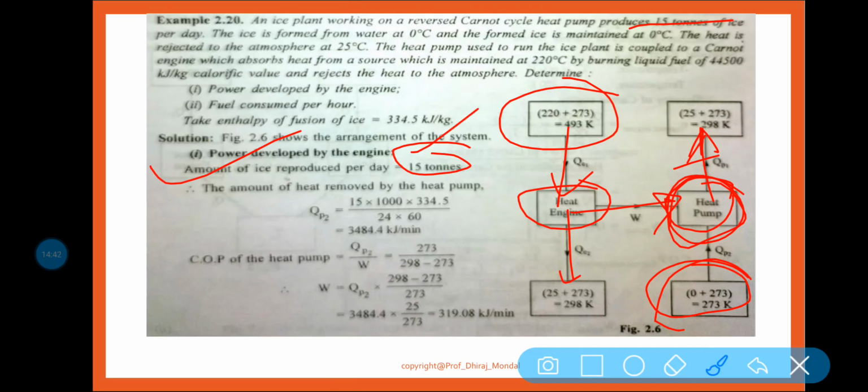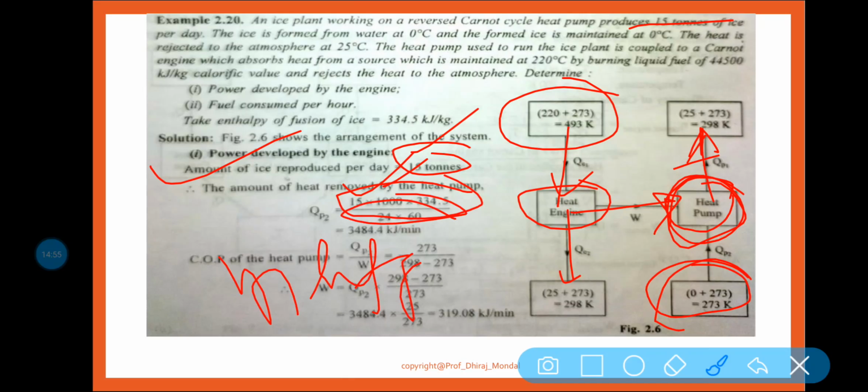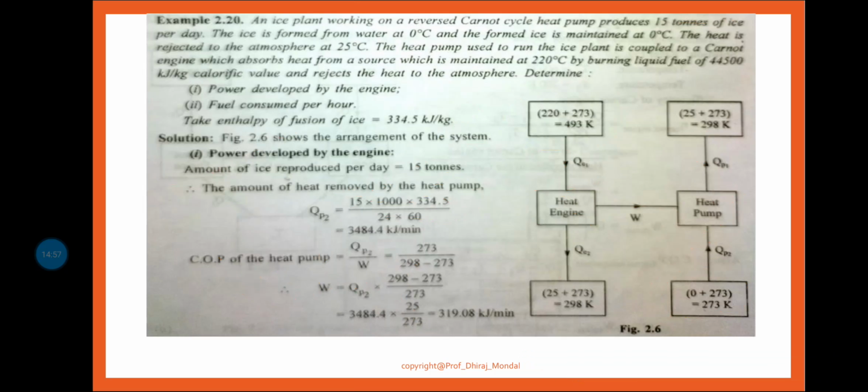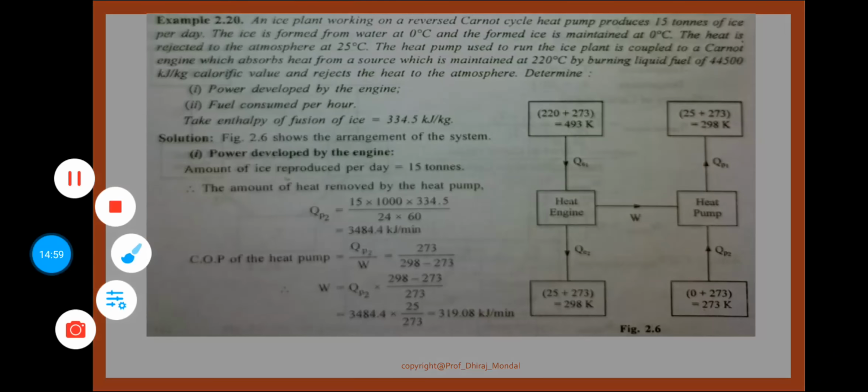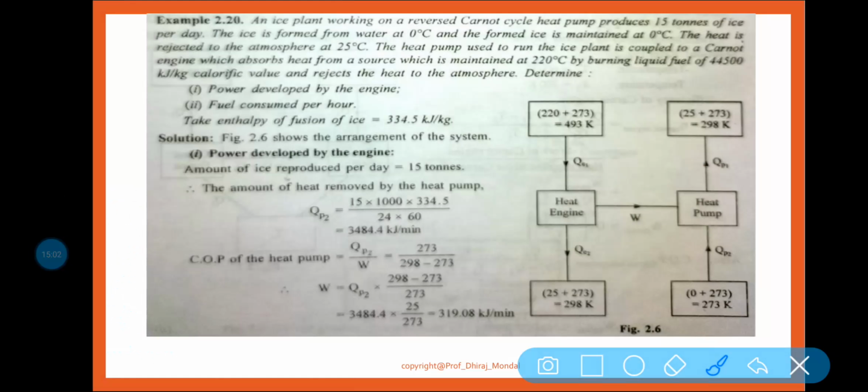So total 15 ton into 1000 in terms of kg, you have to take into latent heat, you know that. So the mass into latent heat by 24 into 60, because you have to take it in terms of kilojoule per minute. So by hour by minute.